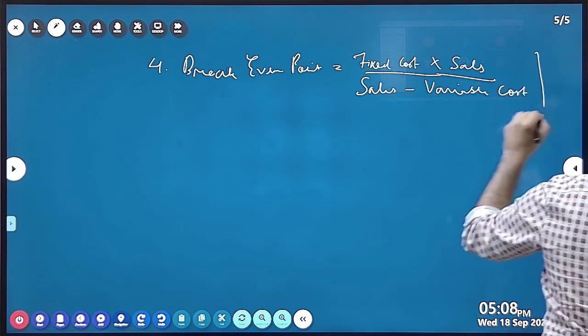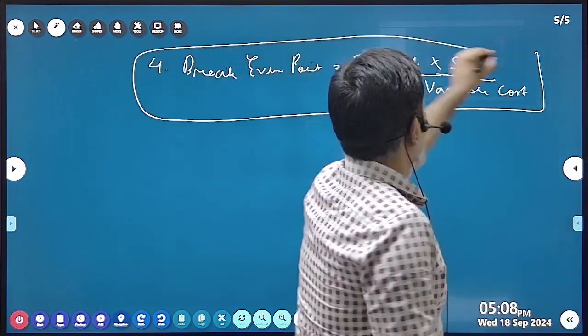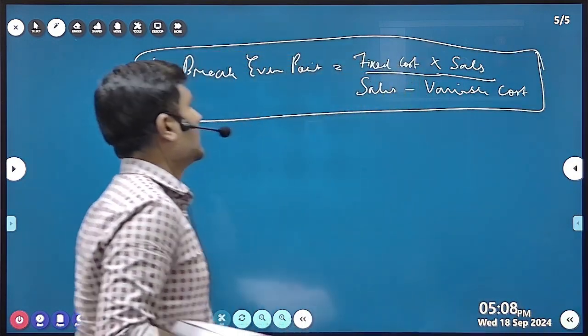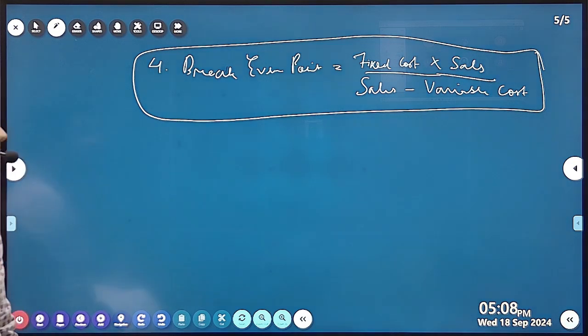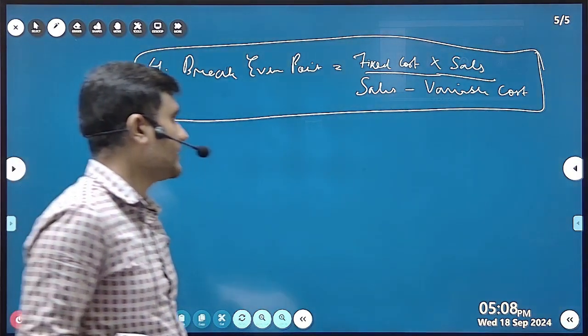So this is the main formula for BEP. You should note it down. Break even point equals fixed cost into sales by sales minus variable cost.